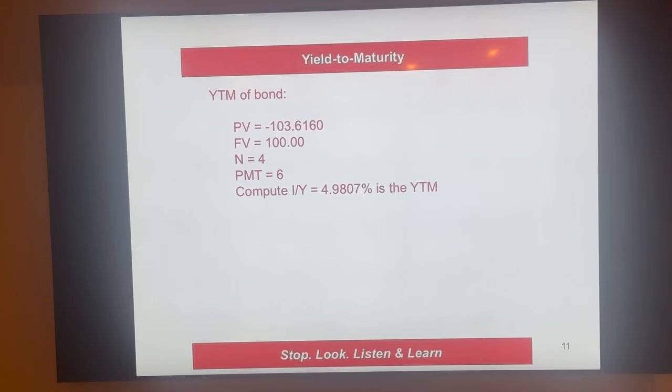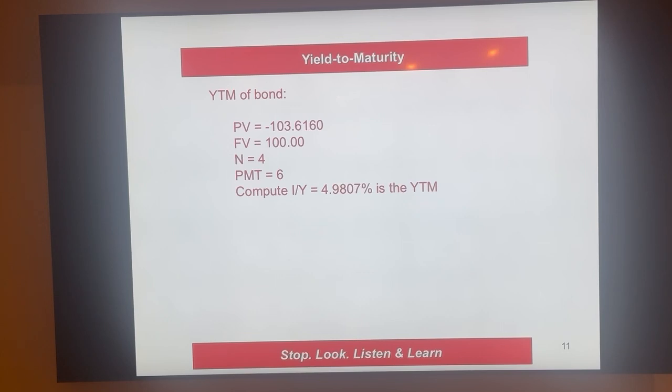So we get a total of $106. And so that's why the yield to maturity is always going to be very close to the last spot rate that you compute.